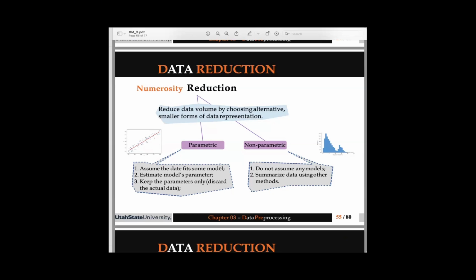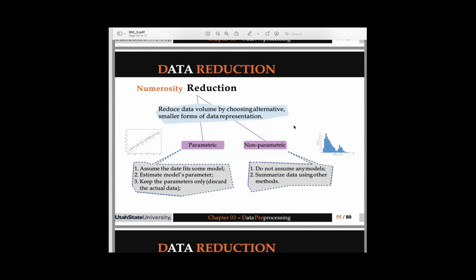Okay, now the non-parametric approach, on the other hand, makes no assumption about the data, just like we did earlier. It does not assume that the data follows some kind of model, but instead it just summarizes the data using some kind of representation.